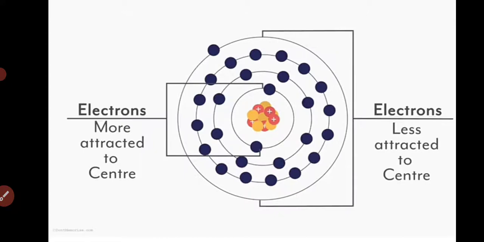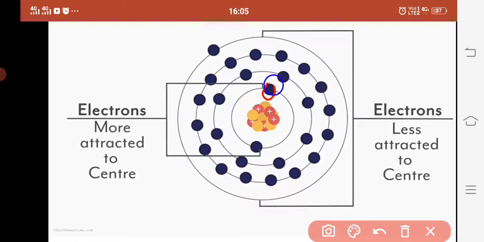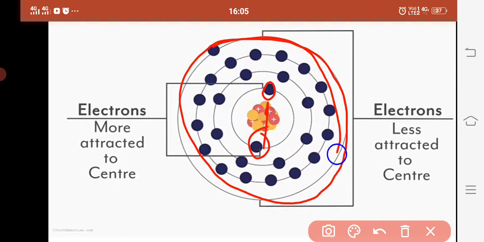The electrons which are very close to the center are strongly attracted to the nucleus with a strong electrostatic force, whereas the electrons which lie in the far shells, since their distance is more, are less attracted to the center, and thus have a weak electrostatic force.